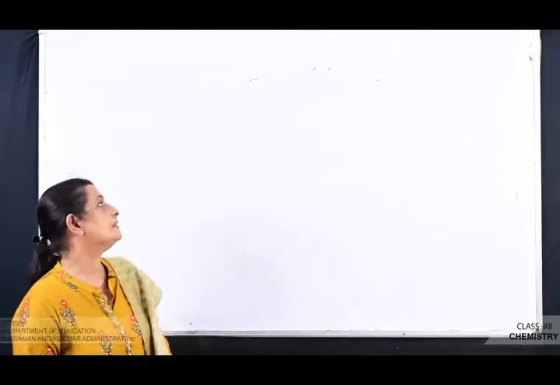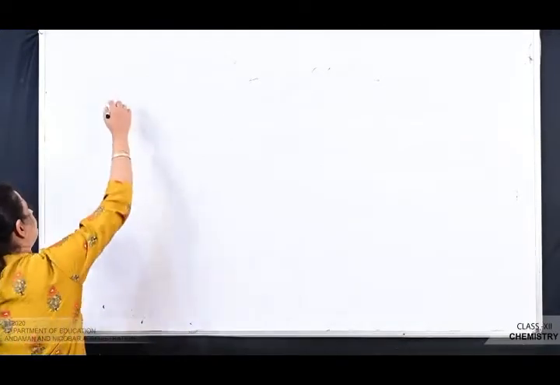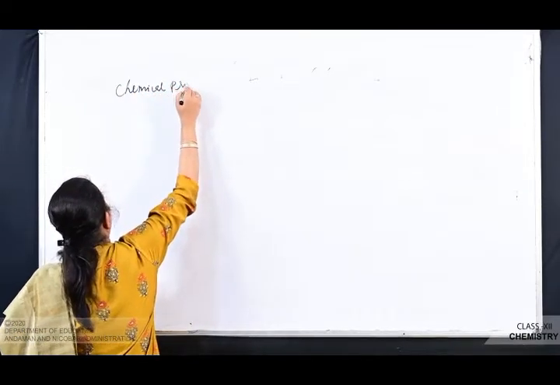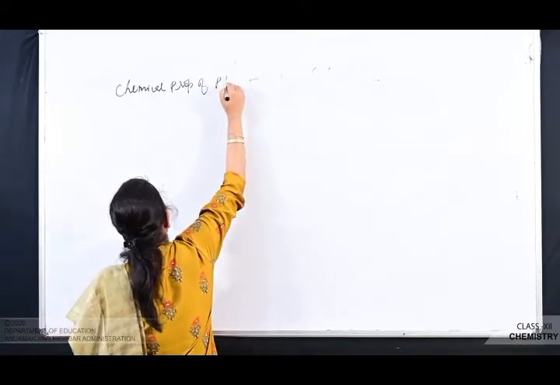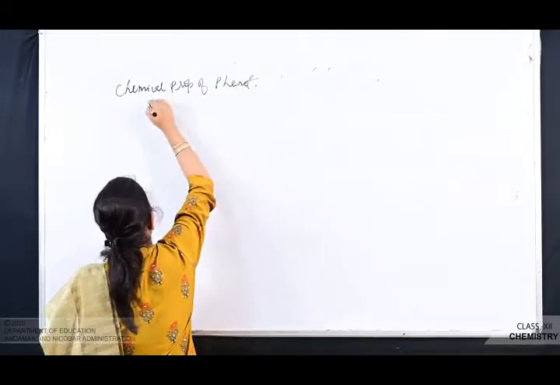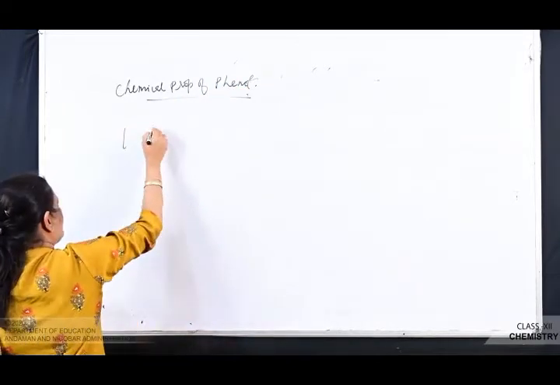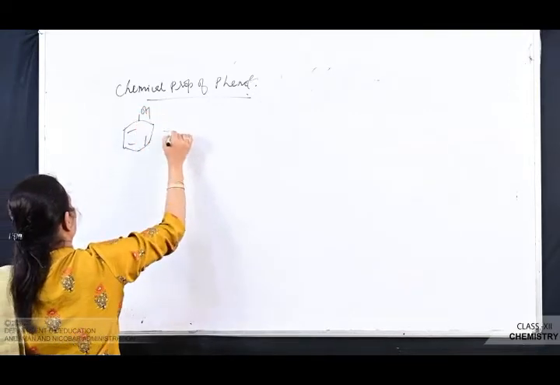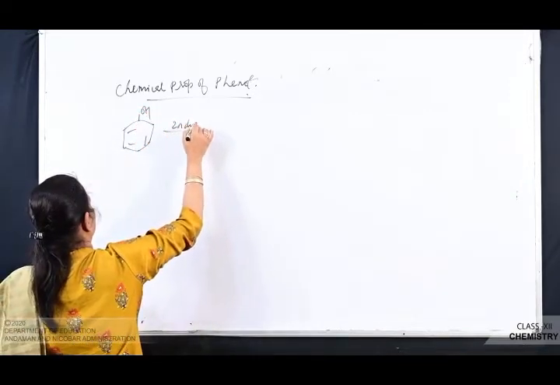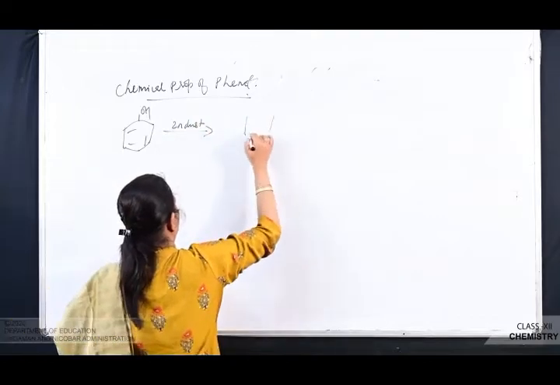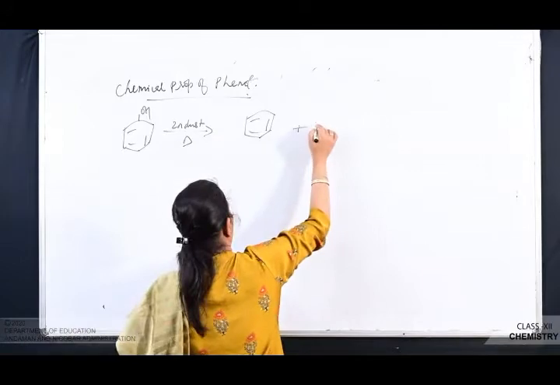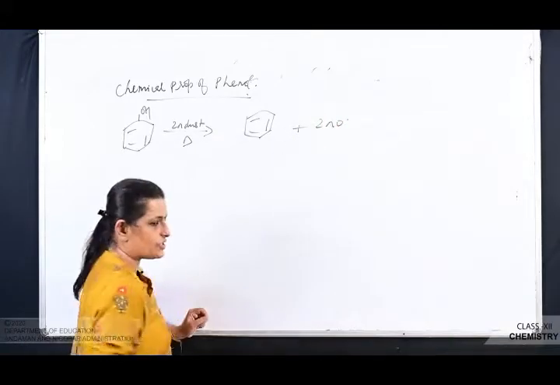Next we'll study the chemical properties of phenol. Now see here, phenol when heated with zinc dust, you get benzene plus zinc oxide, and it's a very important reaction for conversions.